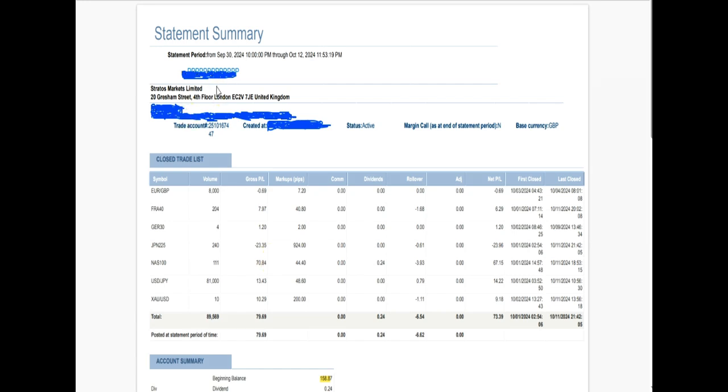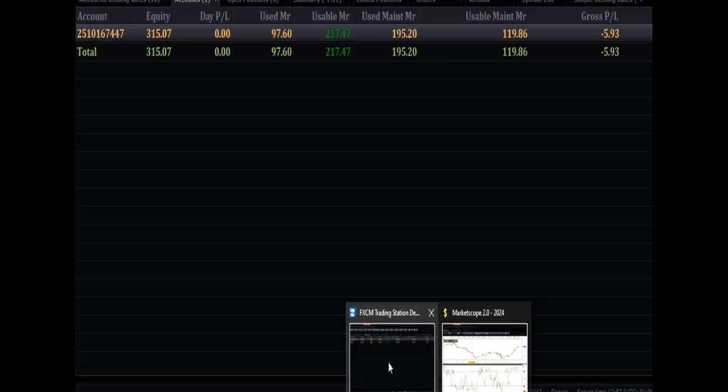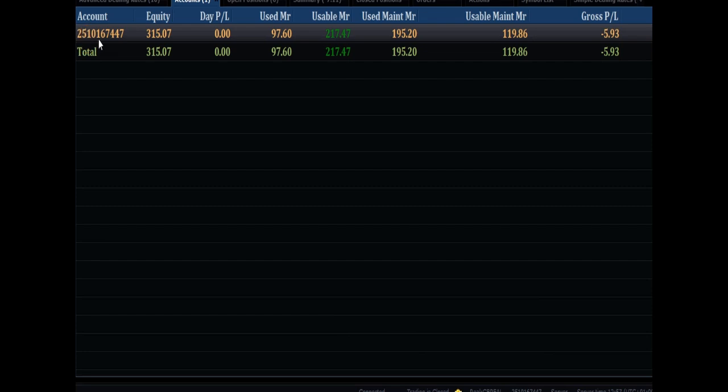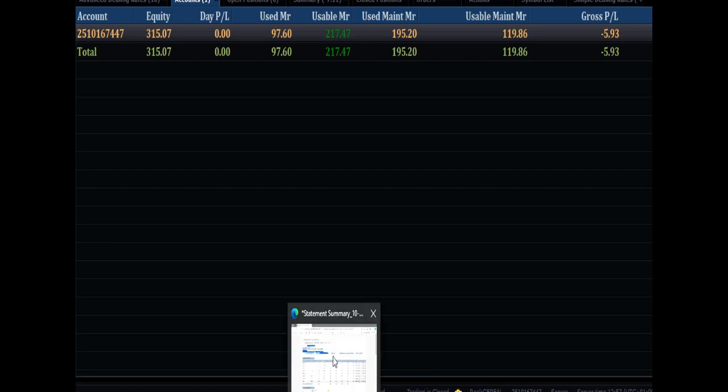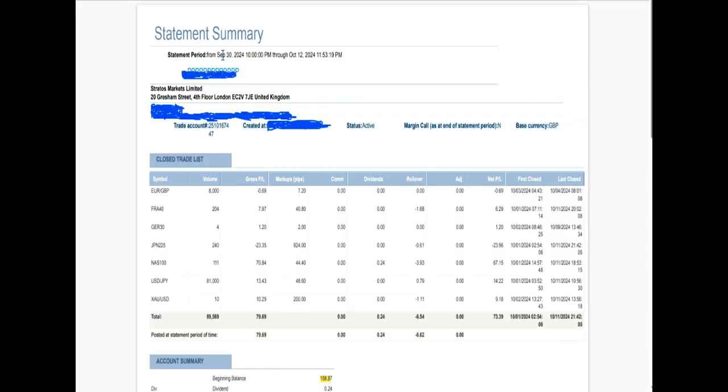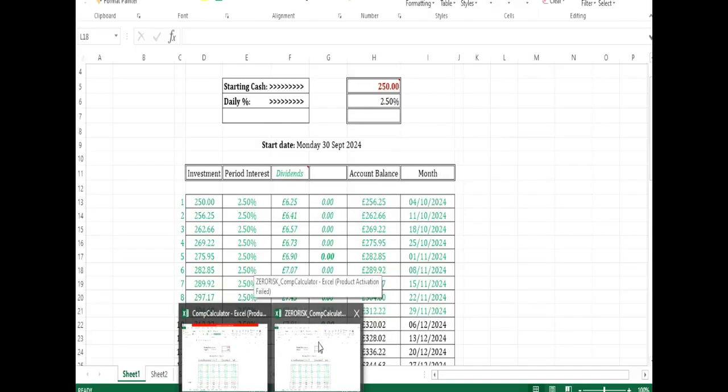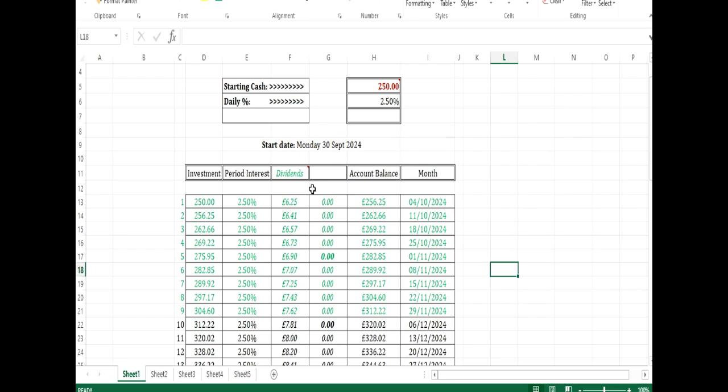That's the account number, 251016747. That's the current balance. If you go over here, it shows the start date was 30th of September, which is the start date over here.